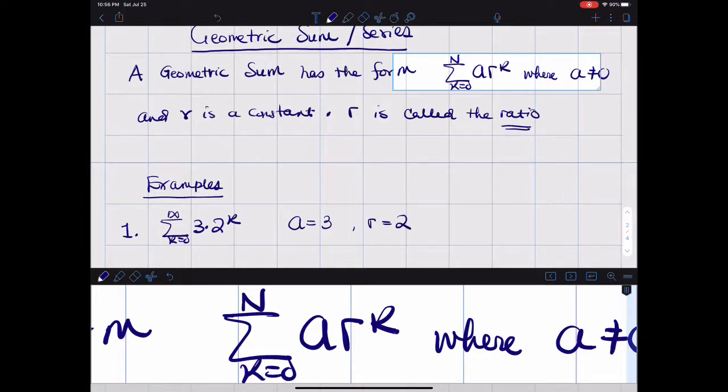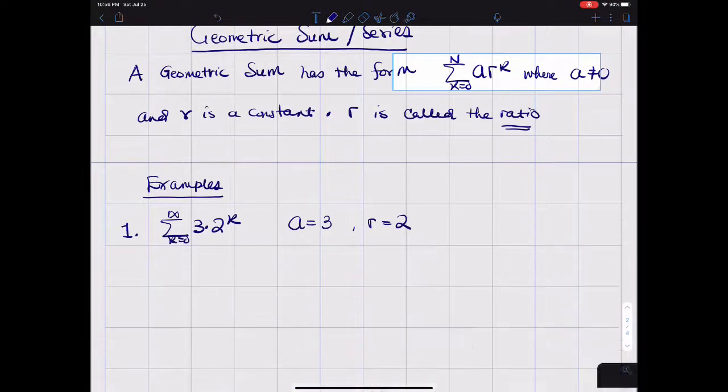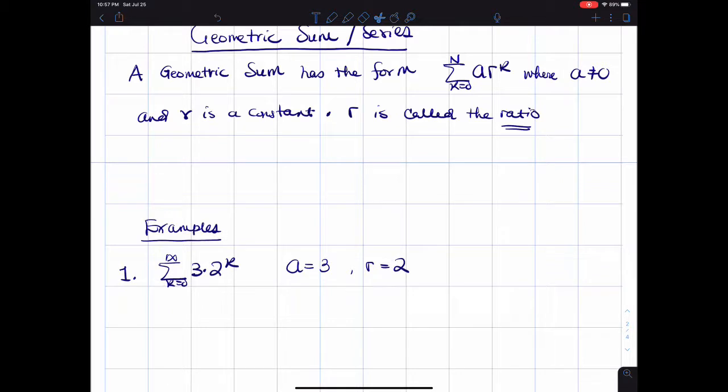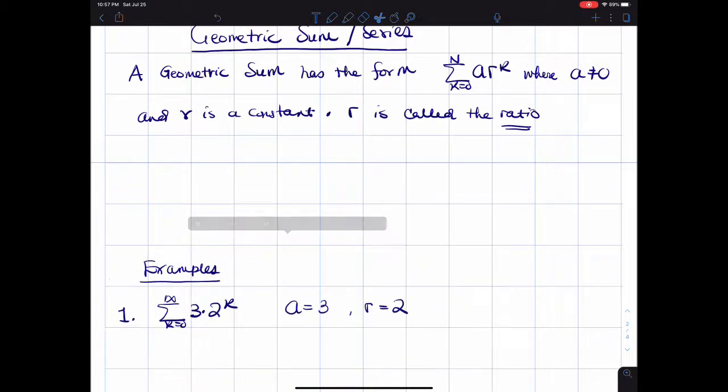Okay. So before we move on, I'm going to add a little bit more to this definition. So I defined the sum.